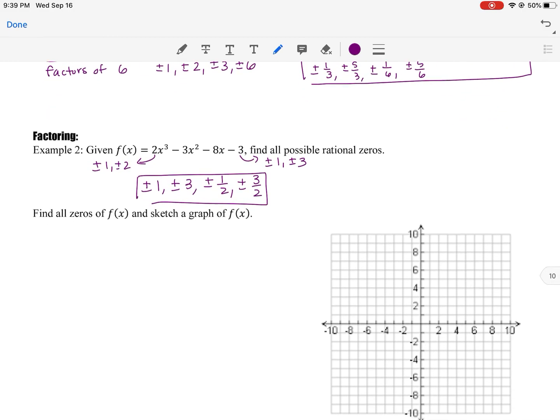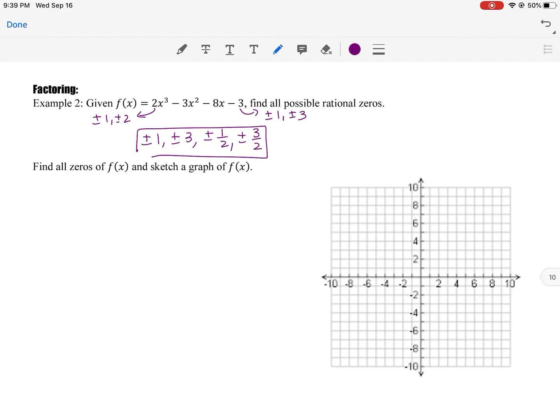When they ask you to find all the zeros of that polynomial, they're asking you to use the skills we learned last time and use synthetic division to find some of those. So maybe I'll start with 1, and you take your coefficients.